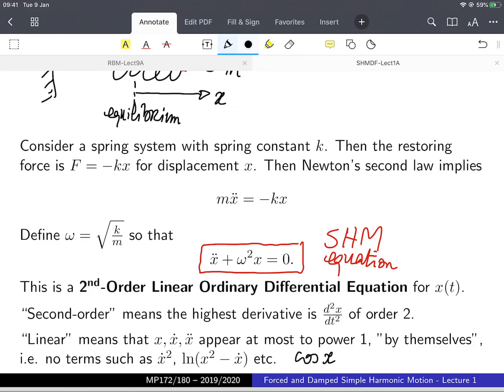But no, it's not x, it's cosine of x. It's a function of x, so it's not linear. Or if I had x times x dot, you might think, oh, x appears by itself. No, but they multiply one by another, so it's quadratic in x. While when we say x, we mean x and its derivatives. So all of those are nonlinear terms.